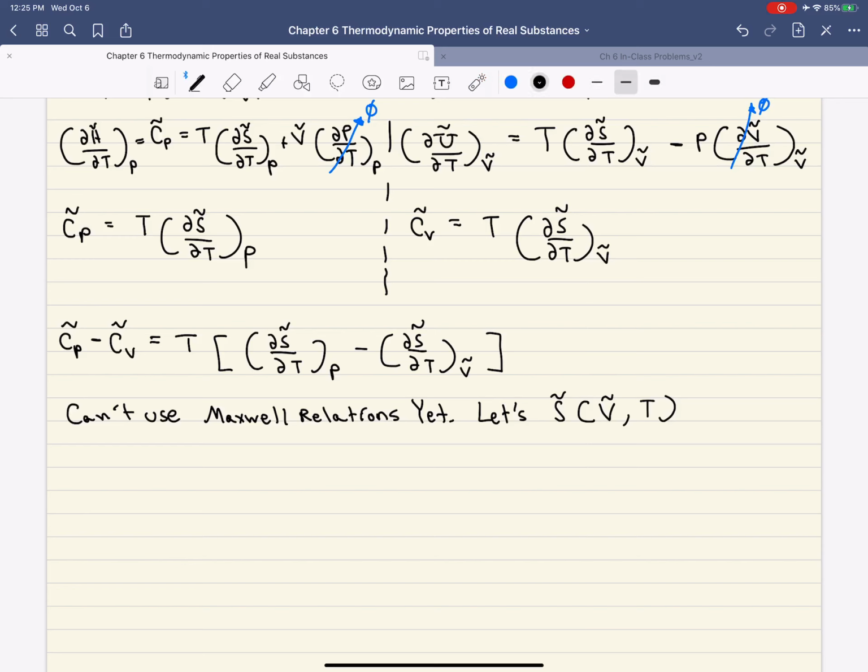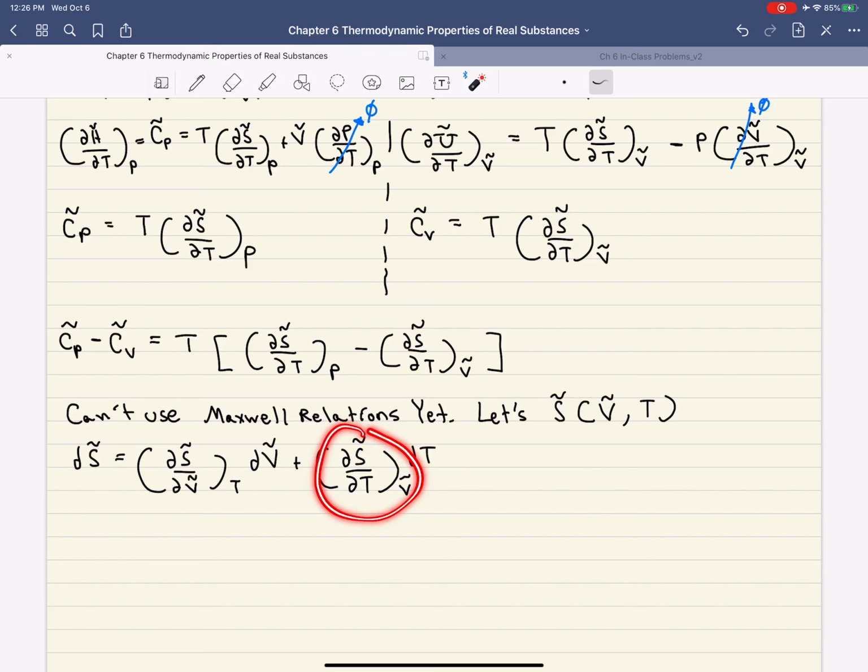All right, so if we think about entropy like that, let's write its total derivative. Okay. All right, and so by writing out its total derivative, we end up with a dS dT at constant V. All right.